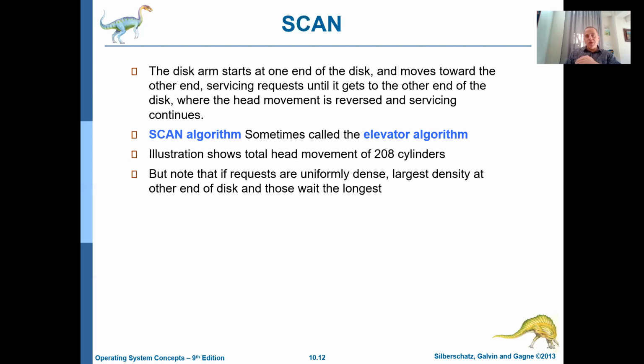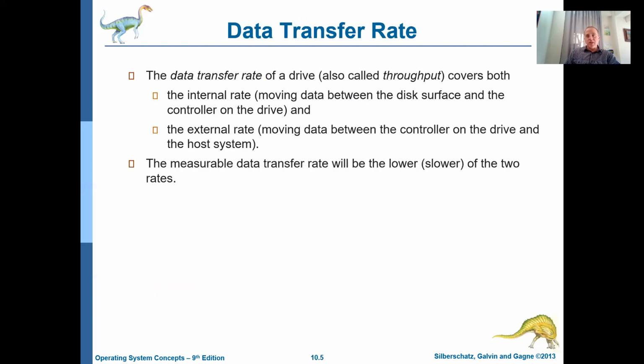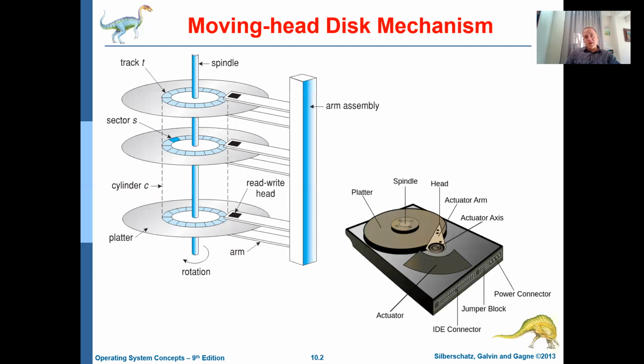I move the head in one direction. Remember, we're talking about this head here. Cylinder means essentially track, right? Track and cylinder are synonymous, except that a track is on the platter, and this is a different track, but it's the same cylinder. When I move the heads, I move them all together. So we can talk about cylinders.